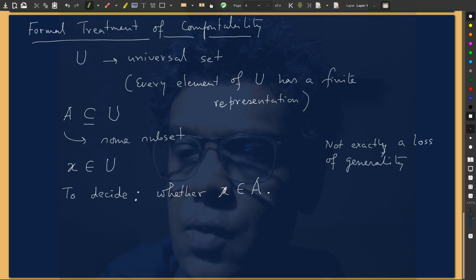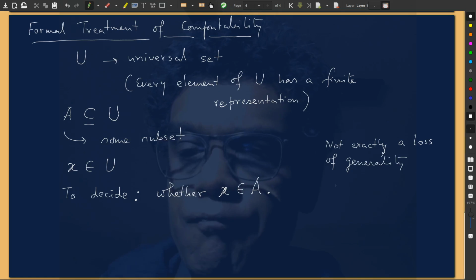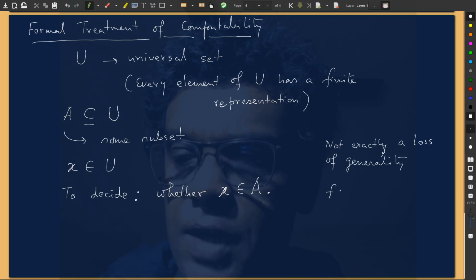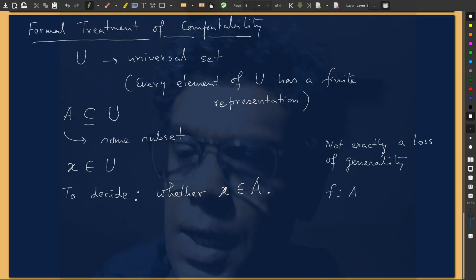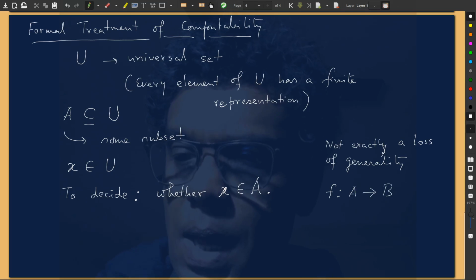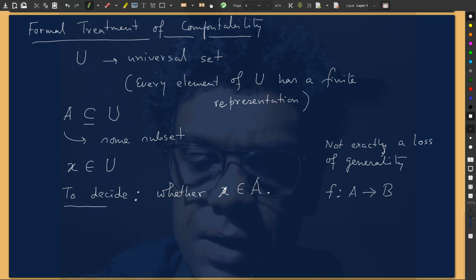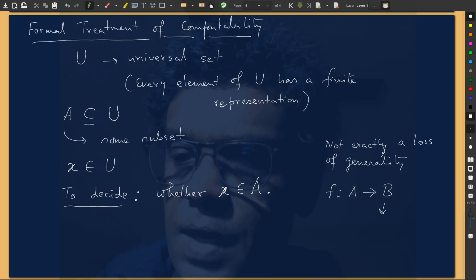In particular, you would like to say that you want to compute certain functions from A to B, and for such decision problems, this B is nothing but 0 or 1.